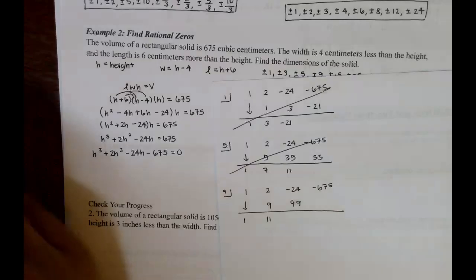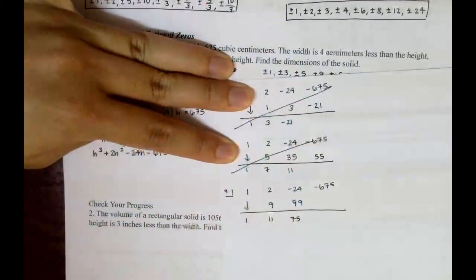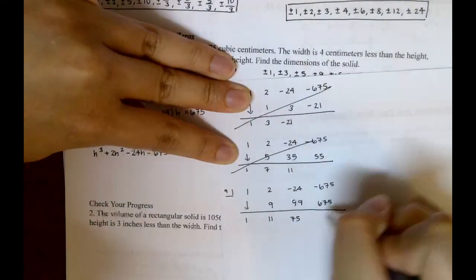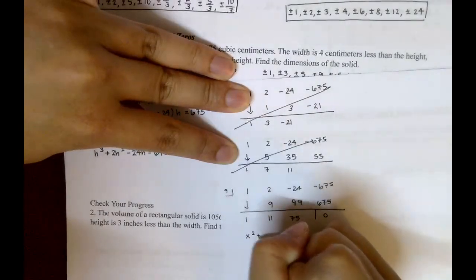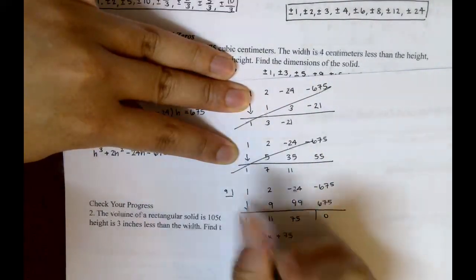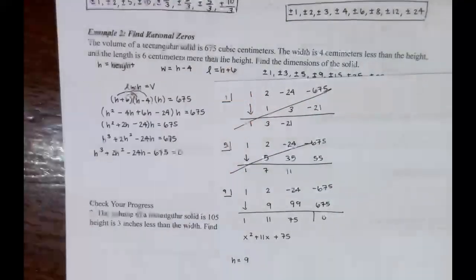And then my 99 and negative 24 is 75. And then multiply by 9. And this gives me 675. So that perfectly works. So I have h squared plus 11h plus 75. So one of them, my height now I know is 9. Okay. So there you go.